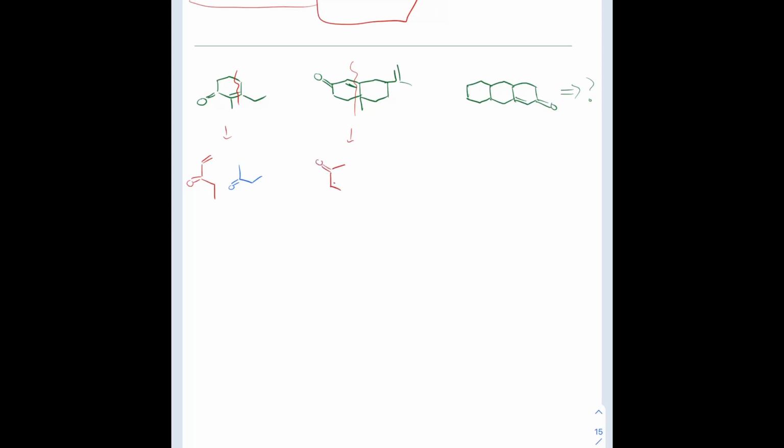One thing I want to make sure that you guys remember is that the alpha beta unsaturated ketone provides 4 carbons for that ring structure, and then the other ketone provides 2 carbons for that ring structure. So I don't want you to miss out, because I feel like one of those carbons from the alpha beta unsaturated ketone can get lost, and I just want to make sure that you have that.